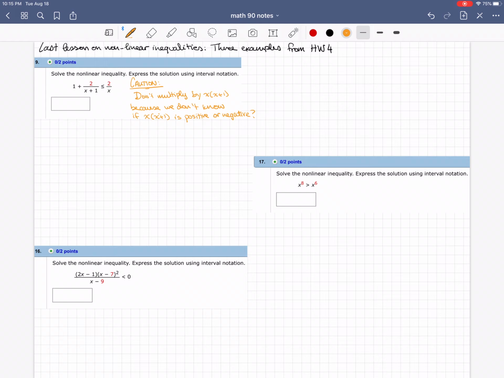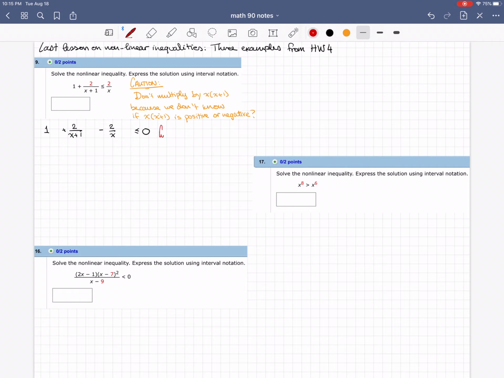So rather than multiplying both sides by anything, what we're going to do first, and I'm going to space it out really generously, is subtract 2 over x from both sides. Once we have that, we have 1 plus 2 over x plus 1 minus 2 over x is less than or equal to 0.